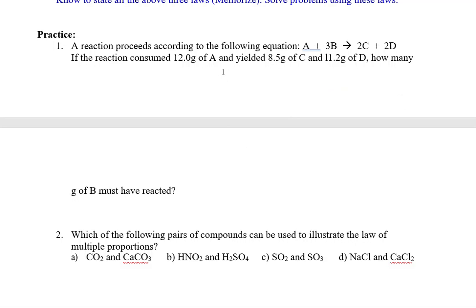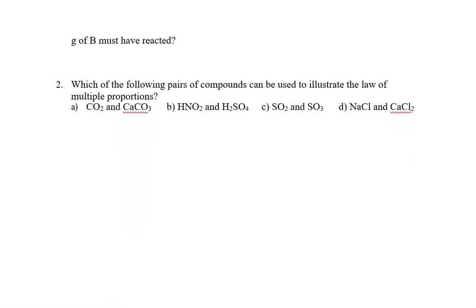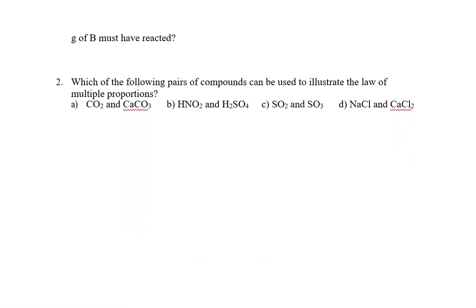All right, now let's look at another question to see if we understood the law of multiple proportions. So if we are going to talk about a compound that illustrates the law of multiple proportions, both of the compounds we're looking at have to have the same elements in them. If they don't, then the law of multiple proportions doesn't apply.